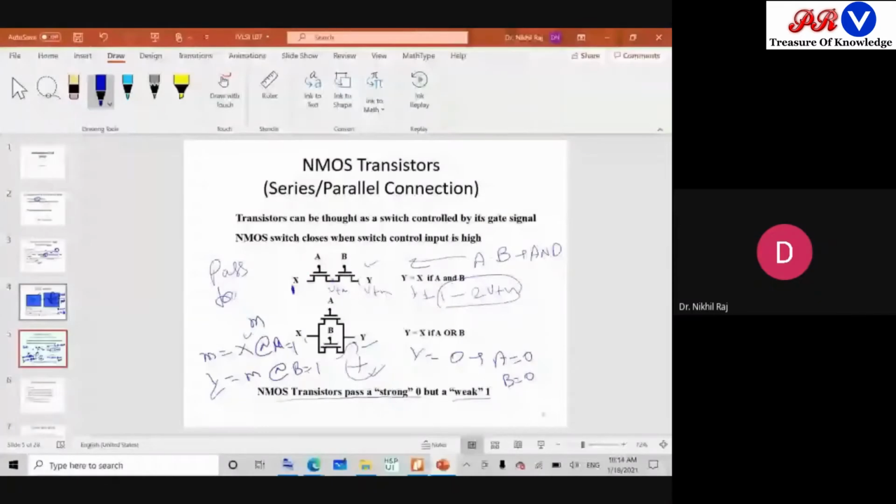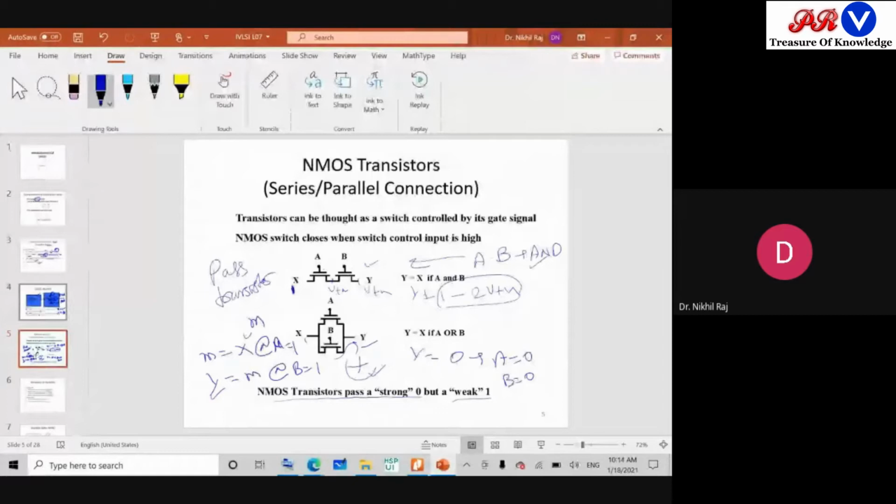That's why we have to always remember that an NMOS transistor passes a strong 0 but a weak 1, which we have seen earlier. So if such a realization is done, it is called pass transistor logic. This is also okay if the logic levels are not important for us.